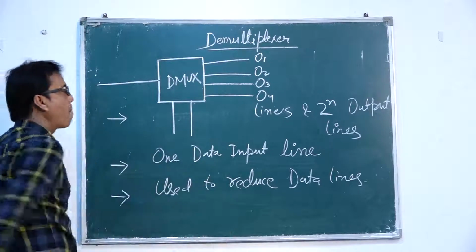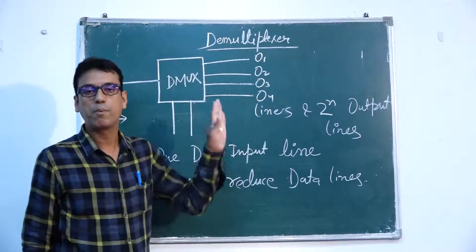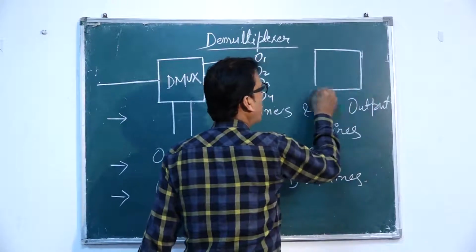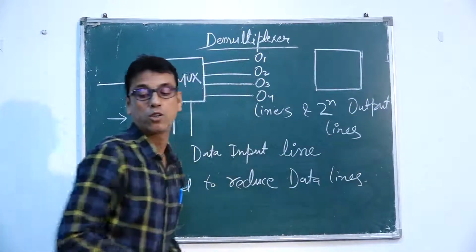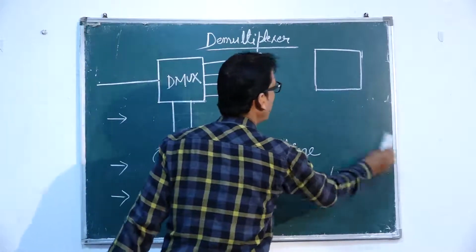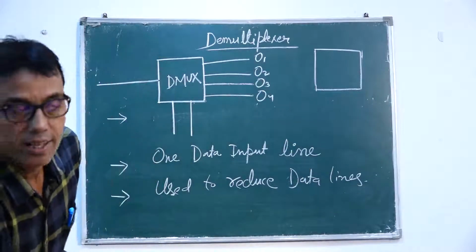If you compare demux with mux, then you will find the multiplexer has n selector lines and 2 to the power n device input lines.